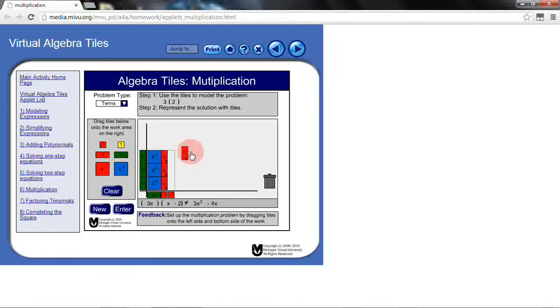Negative x, negative x, negative x. Takes a little bit of time. And so that's your final answer. And as you see, it's correct as our equal sign has changed. So you'd have 3x squared minus 6 is your correct answer. And if you notice, all my sides match. I filled in my rectangle completely, and I can move on to my next problem.